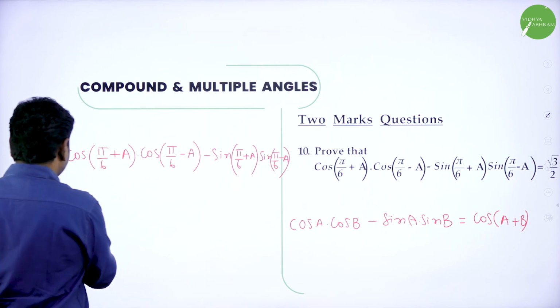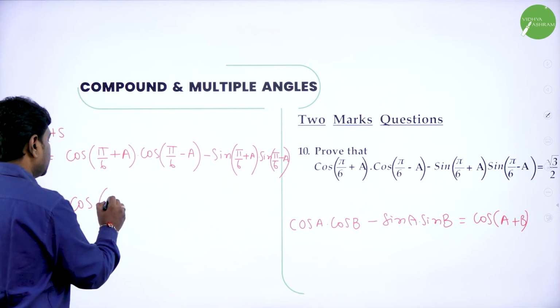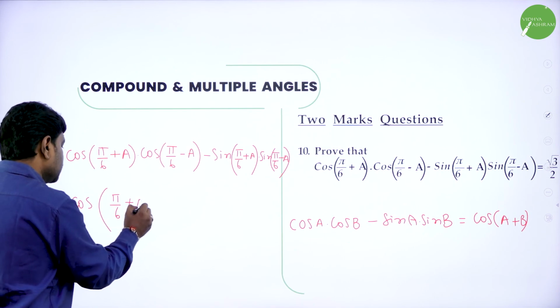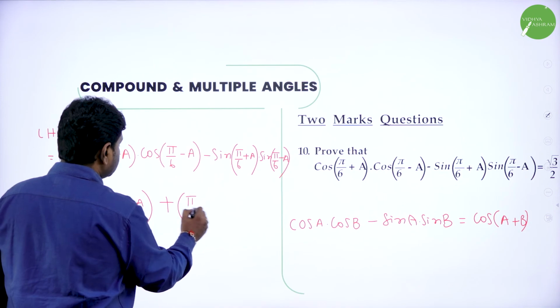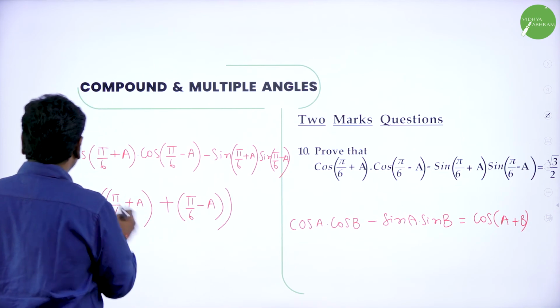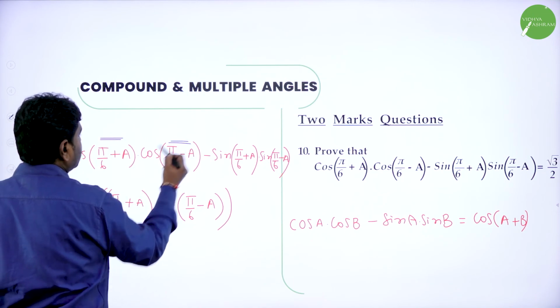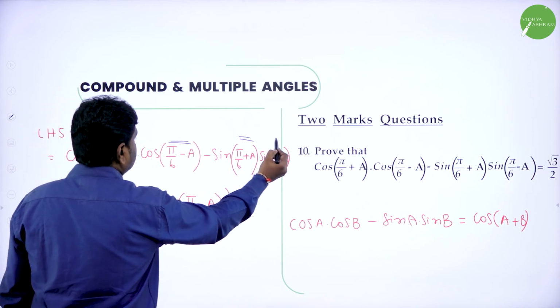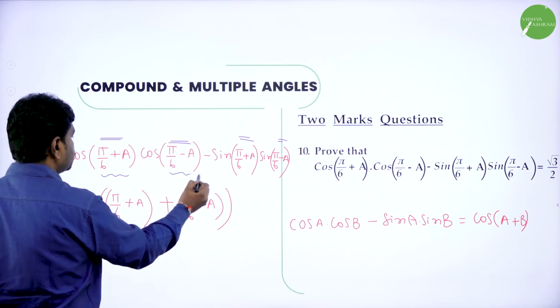Now observe, it is in the form of cos a cos b minus sin a sin b, which is cos of a plus b. A means pi by 6 plus a, b means pi by 6 minus a. Dear students, this whole thing acts as a, this whole thing acts as b. Cos a cos b minus sin a sin b is what? Cos of a plus b. A means this whole thing, b means this whole thing.